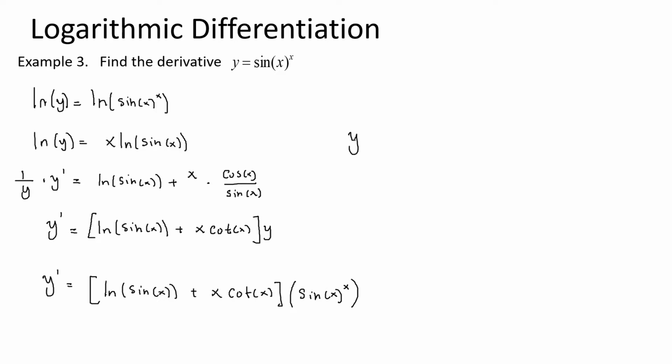So our answer will be y prime is equal to sine of x to the x power times ln of sine of x plus x times cotangent of x times sine of x to the x power. And here is our answer.